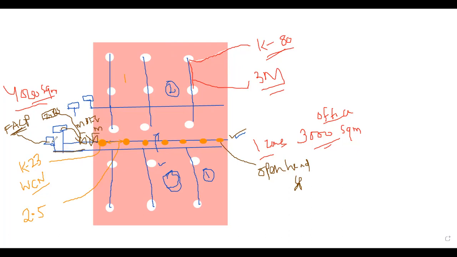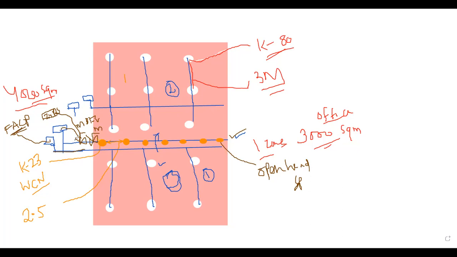Two things are there. One flow switch is connected to the panel. The second we are connecting to the motorized butterfly valve. Is any module required in between? Yes, a module is required. The monitor module will pass the signal.